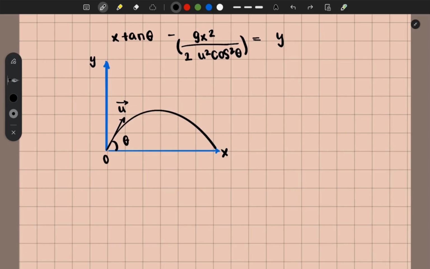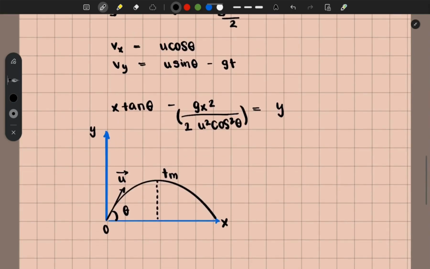So we will now look at what time the projectile is at its highest point. That is exactly in the middle of the trajectory, so we're going to call that time Tm.